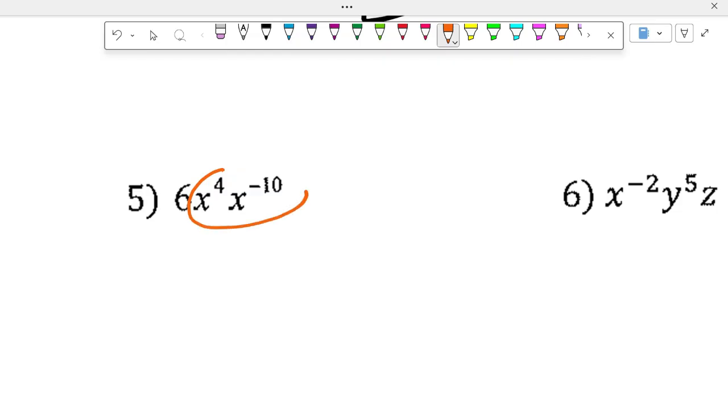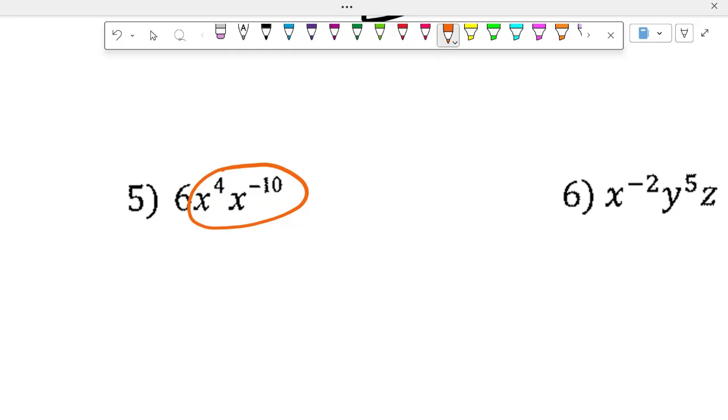What operation am I technically doing here? Am I doing multiplication, division, addition, subtraction? What am I doing? Come on, guys. I know it's Monday, but come on. Product rule. Good. We're multiplying them.